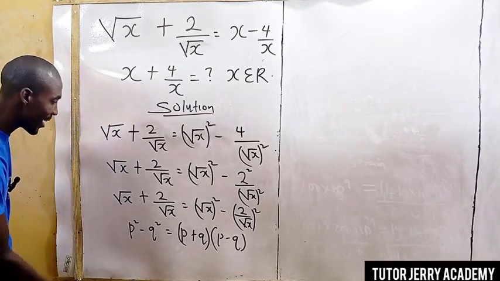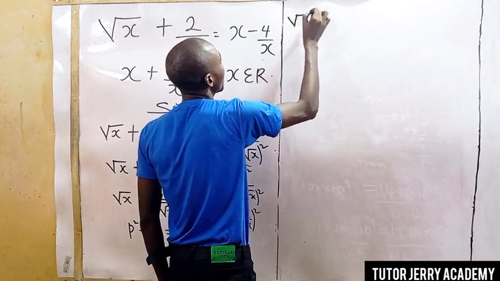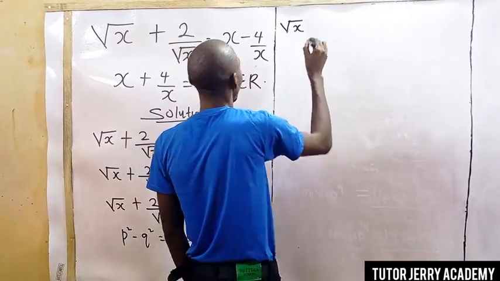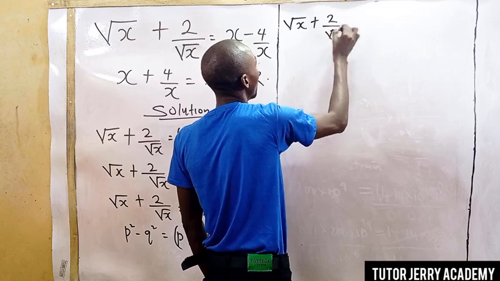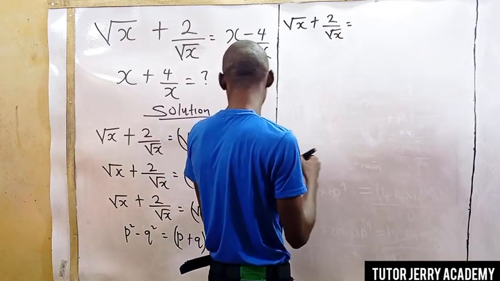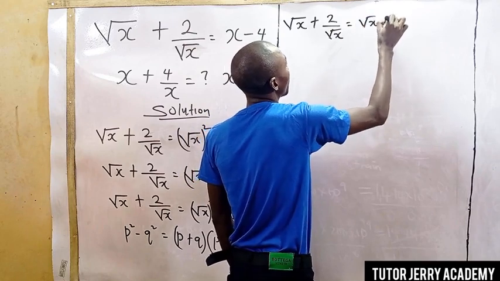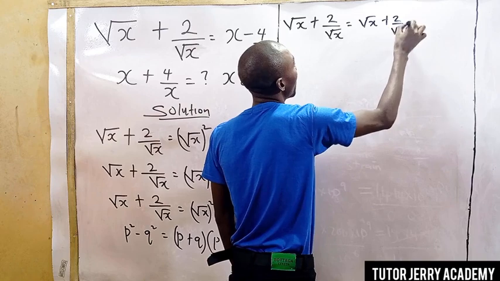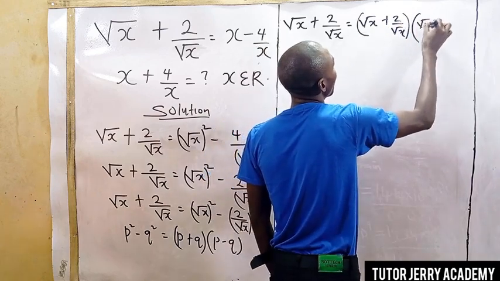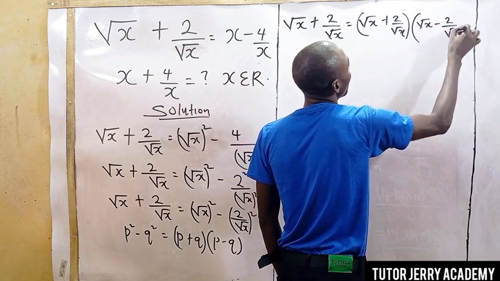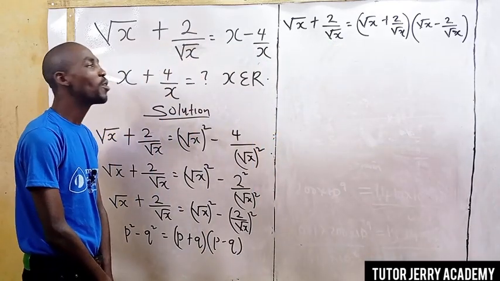So it means that we can write what we have here as root s plus 2 all over root s will be equal to root s plus 2 all over root s into root s minus 2 all over root s.